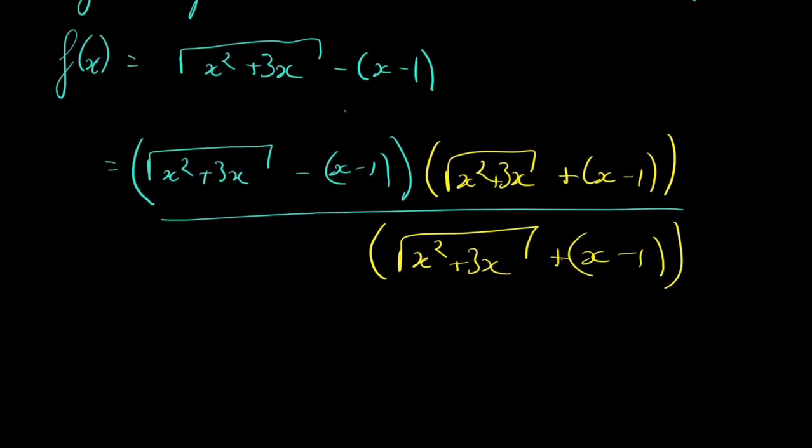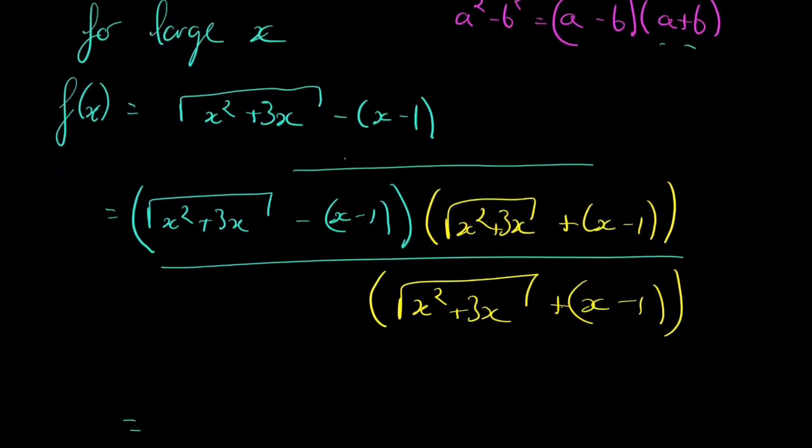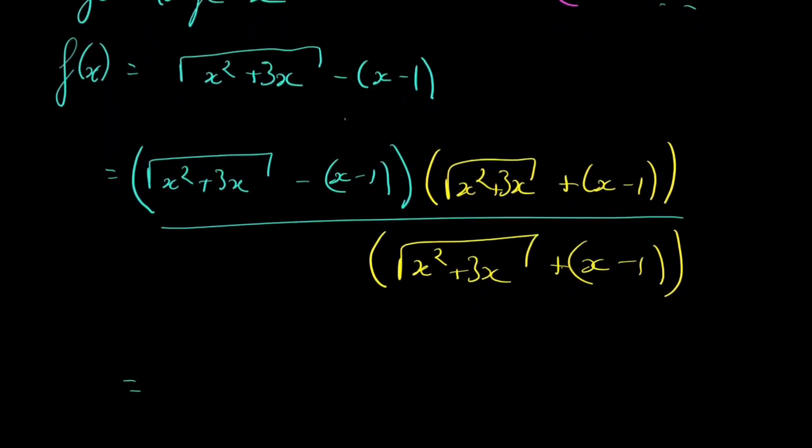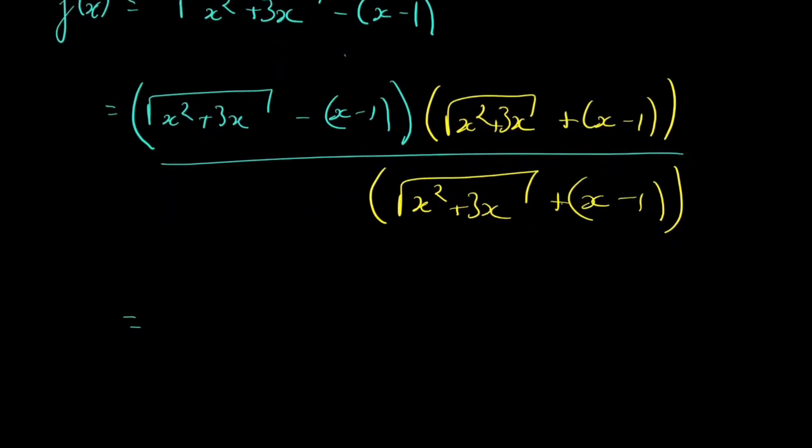Perfect. And now I just have to develop the top. This thing here is equal to a squared minus b squared, which is x squared plus 3x, this one, minus x minus 1 squared. And this thing we know is equal to x squared minus 2x plus 1.